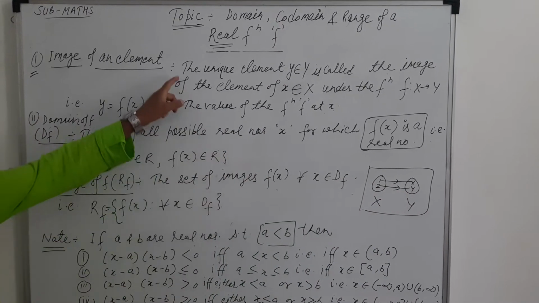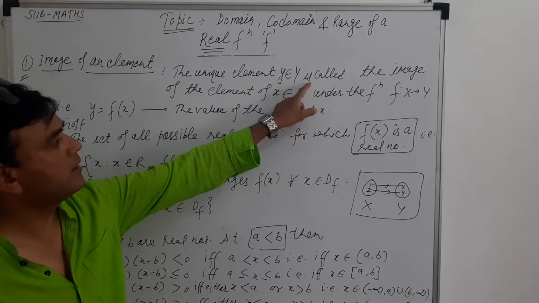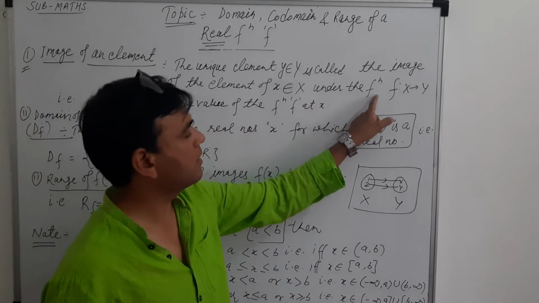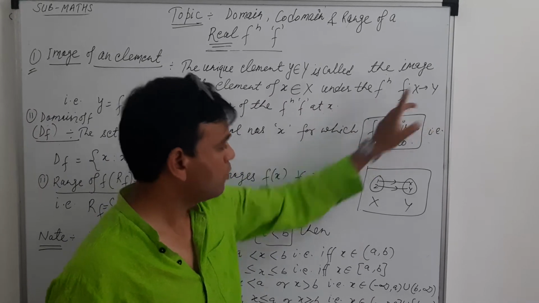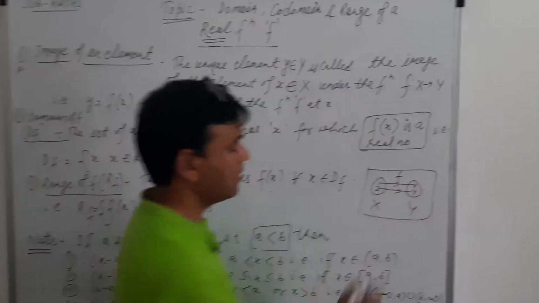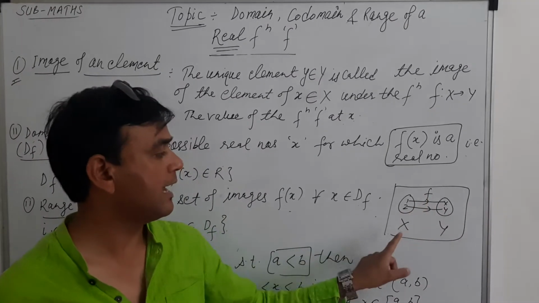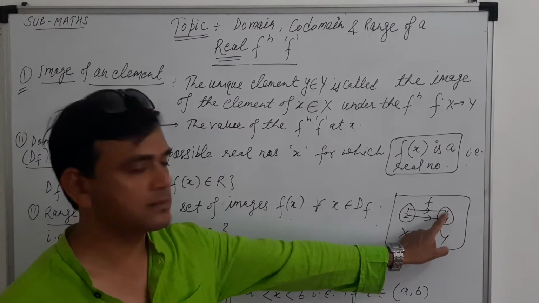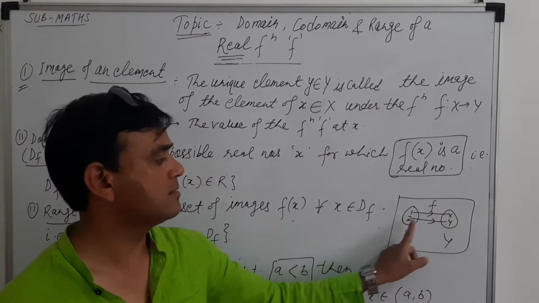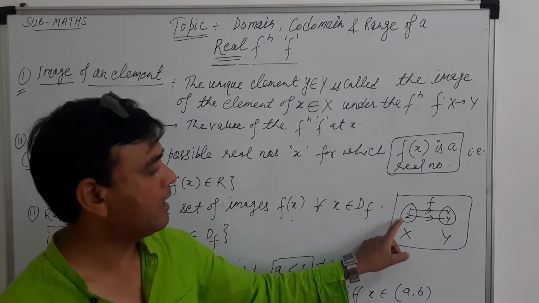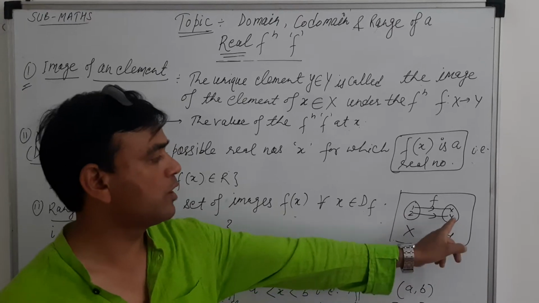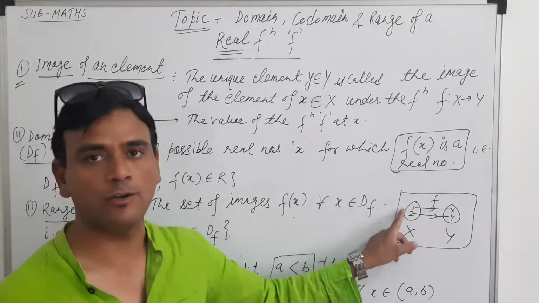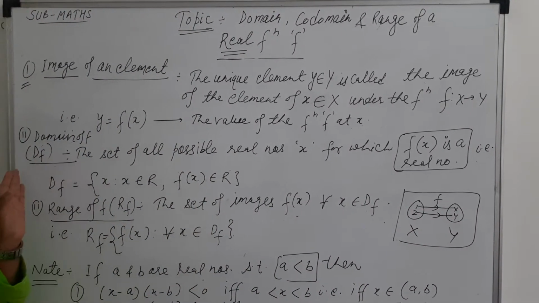So the unique element y belonging to Y is called the image of the element of X under the function f from X to Y. This is X, this is Y, this is a function, and this function is associating the elements of X with elements of Y. So here you can say that x is the image of 1 and y is the image of 2. It means all elements have some unique value in Y, and those unique values of Y are called images of the elements of X.